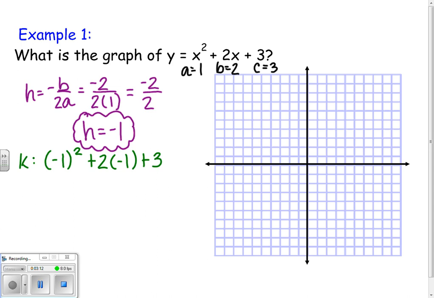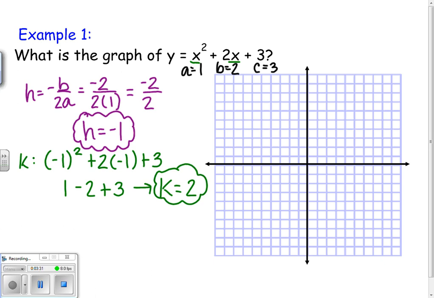So all I did was put it here for x and there for x. And then you can use the calculator if you need to. Negative 1 squared, don't forget parentheses, is 1. 2 times negative 1 is negative 2. Recopy the 3. I know that k is 2.